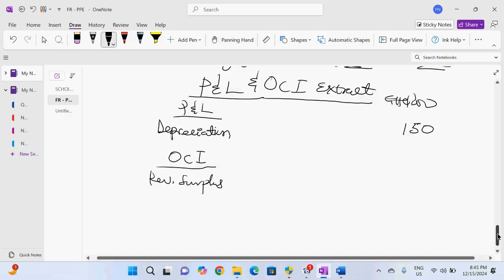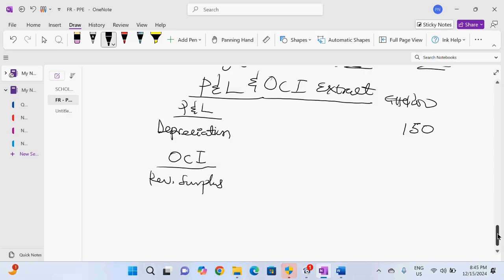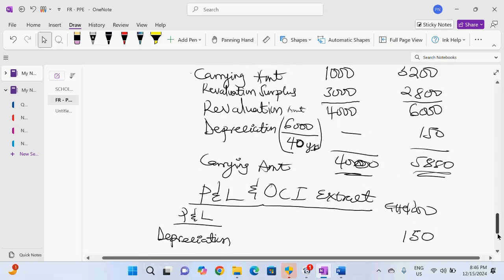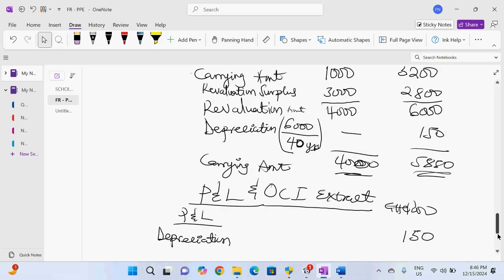What is the revaluation surplus amount? 3,000 and 2,800.